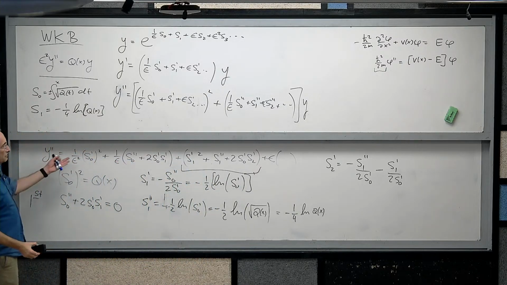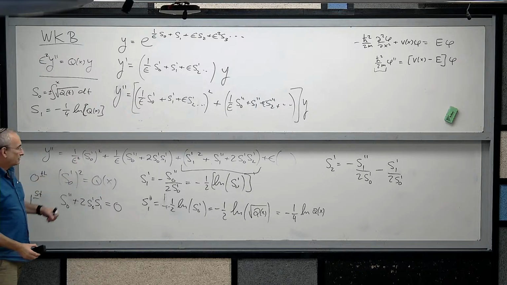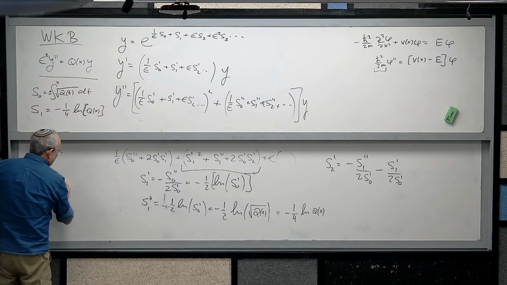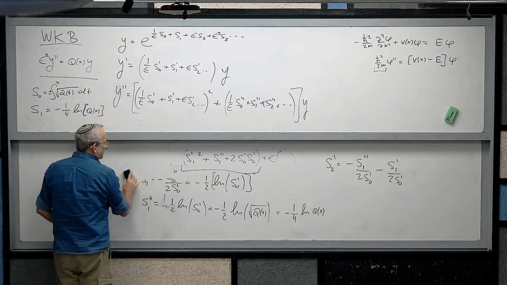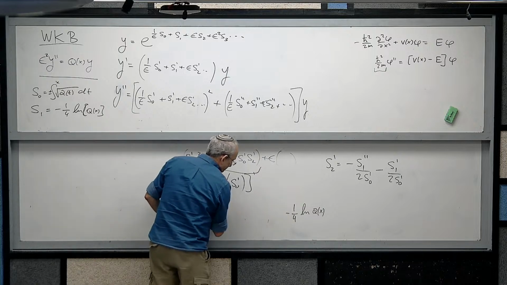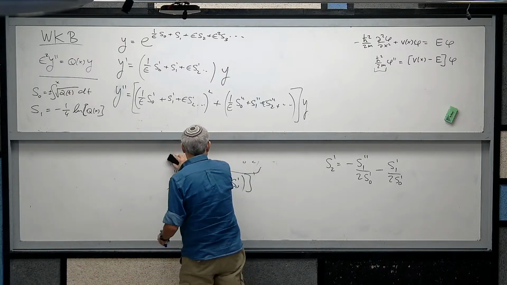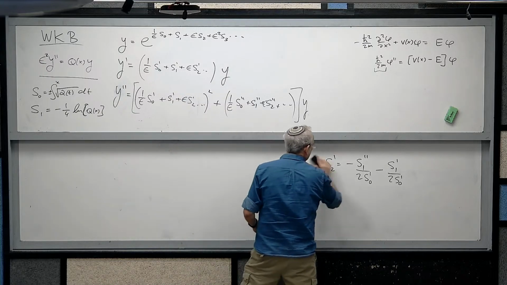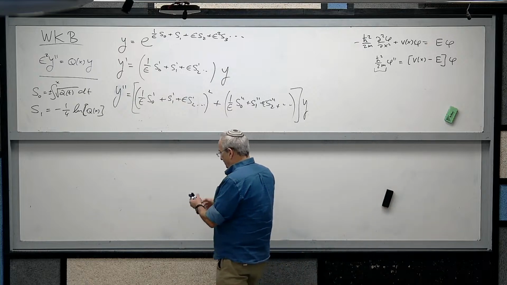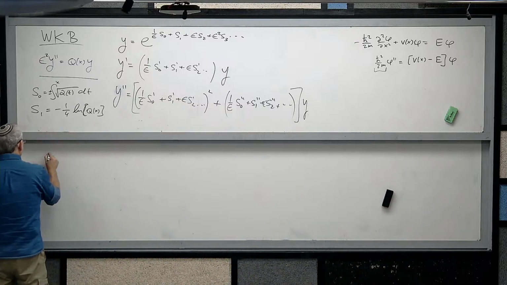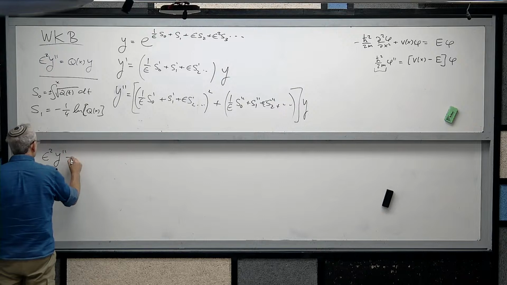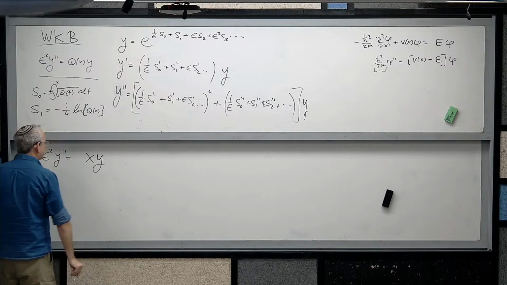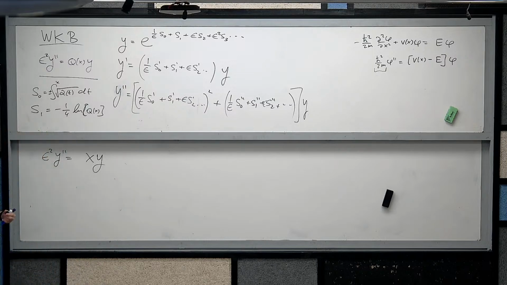So fine, you see what the trick is. So for example, let's take a very interesting example: epsilon squared y double prime equals x y.